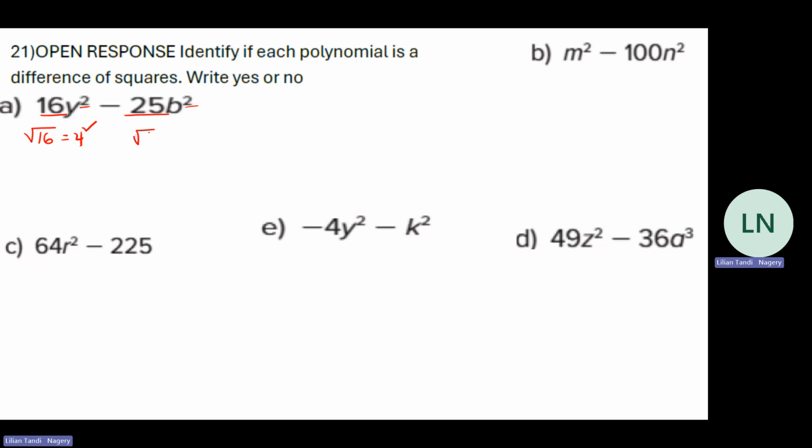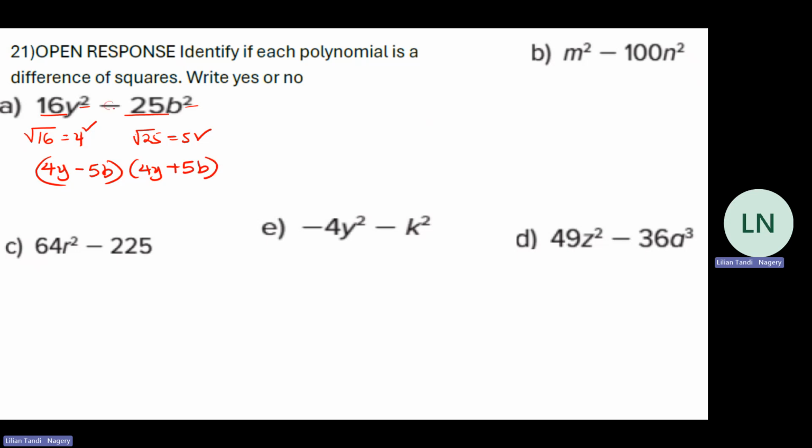The square root of 25 is 5, a perfect square. So then I will write 4y minus 5b and 4y plus 5b. Okay?